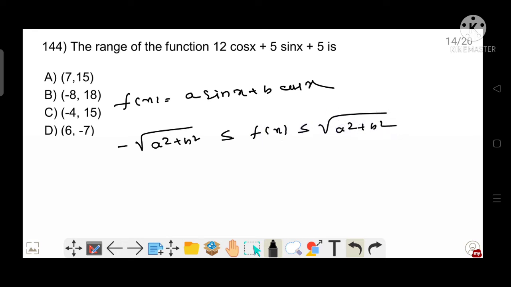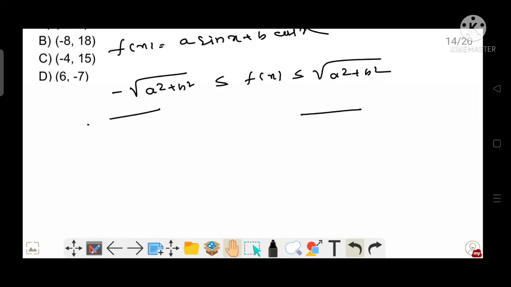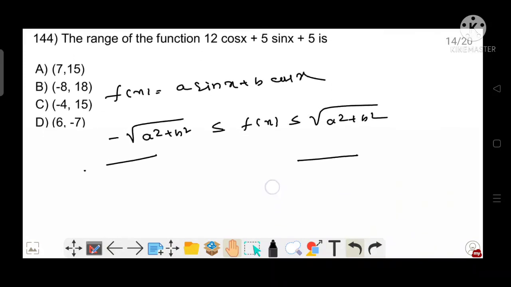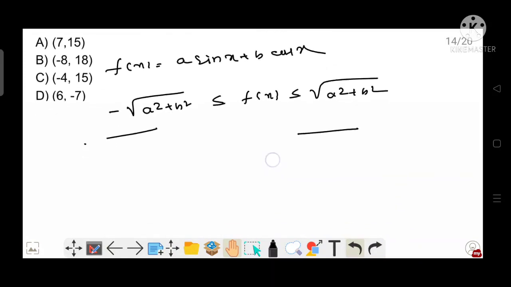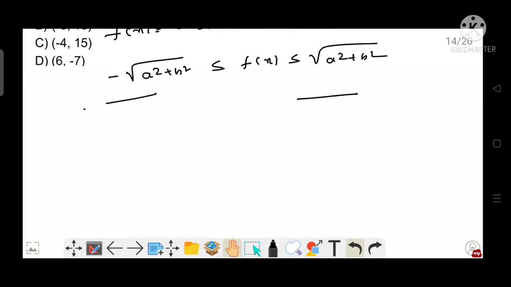So this is the maximum and minimum. This is the range. Now we see here a is 5 and b is 12.